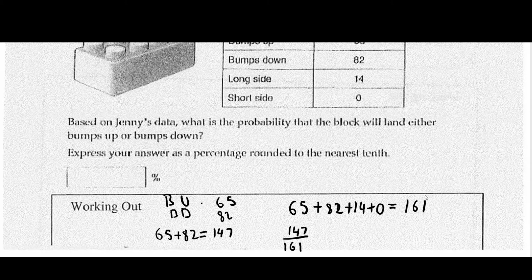To make this a percentage, we do 147 divided by 161 times 100, which gives 91.3%. It says round to the nearest tenth, and yes, that's the nearest tenth, 91.3%.